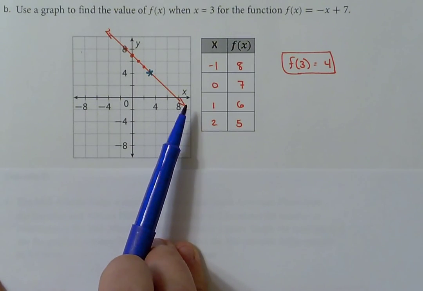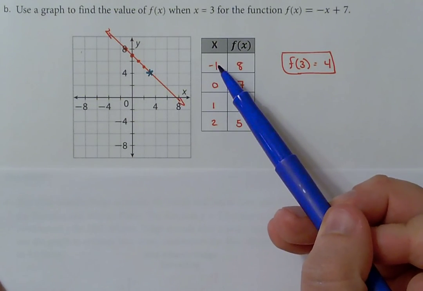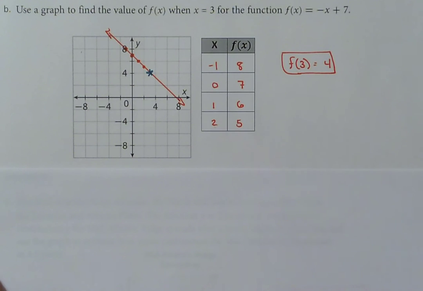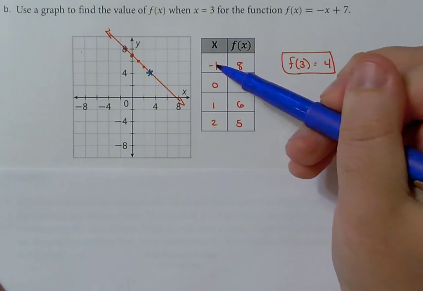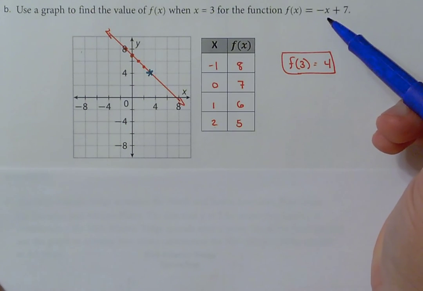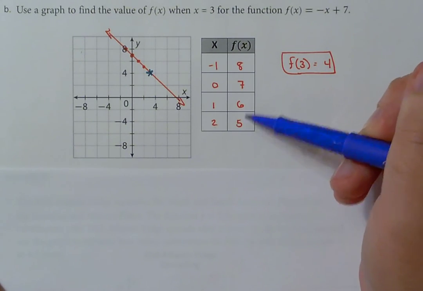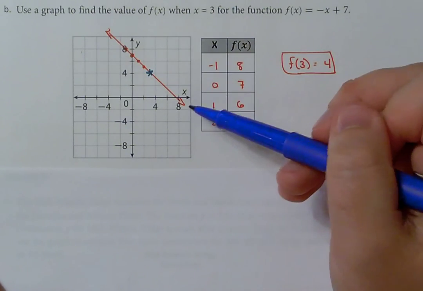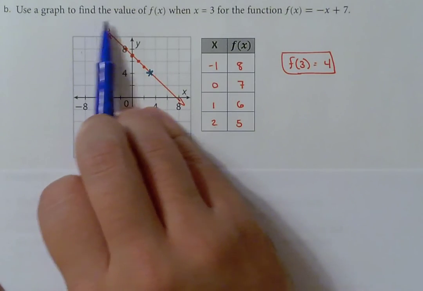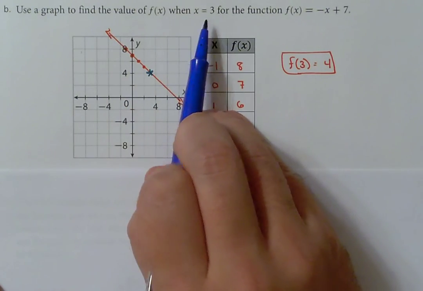If you went through and graphed it, I'm going to show you real quick. This is what our graph would look like. I chose the points -1, 0, 1, and 2, and when I plugged these points in for x, I got 8, 7, 6, and 5. So I plotted my points, graphed my line, and I want to know what the value of f of x is when x equals 3.